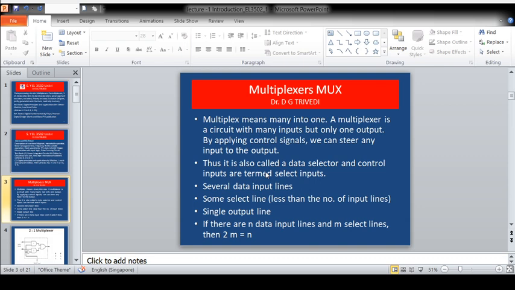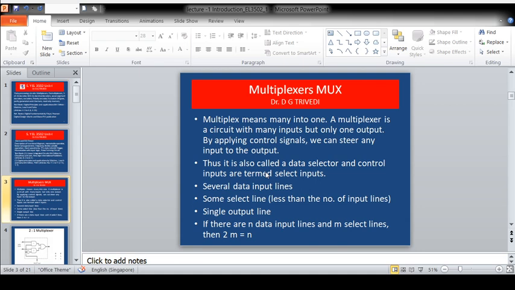D stands for data, and 0, 1, 2, 3 designate the channel numbers. So either D0 is going to be selected, or D1, D2, or D3. This depends on the control signals. You will have 2 control signals in that case.